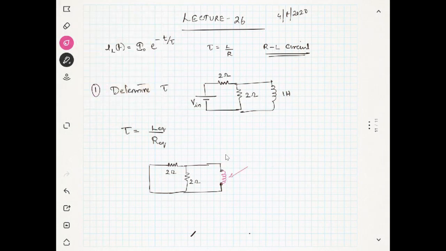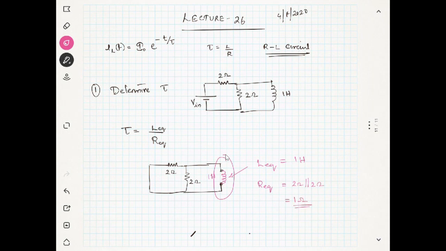L equivalent is only one, that means it is 1 Henry, as given. If you look from the inductor side, what is R equivalent? Can you tell me? 1 ohm, yes, because it is 2 ohm parallel 2 ohm. So it is 1 ohm.